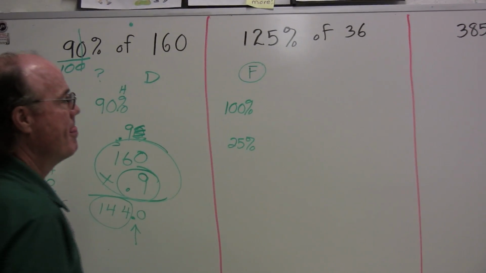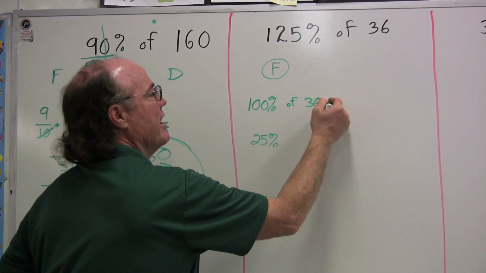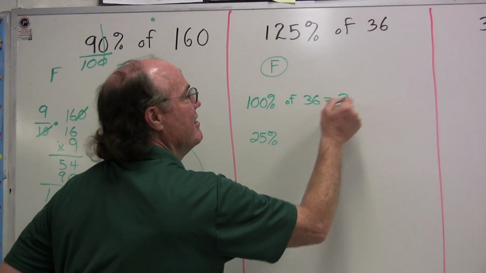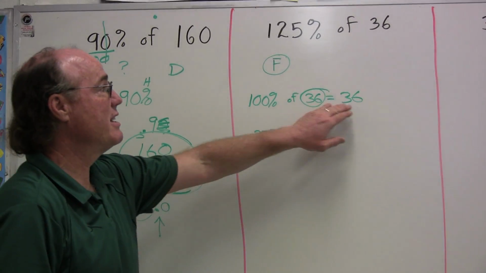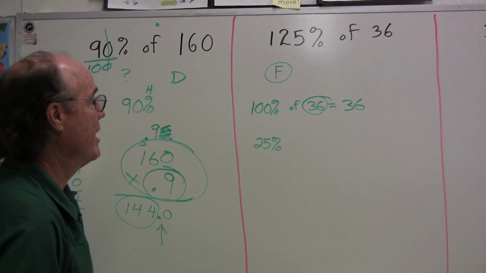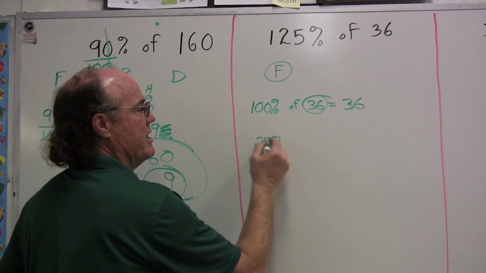Now, what is 100% of 36? It's always going to be this same number. A whole of 36 is 36.